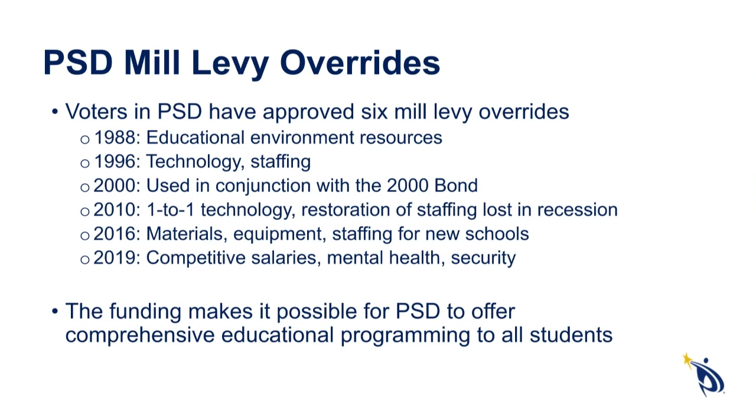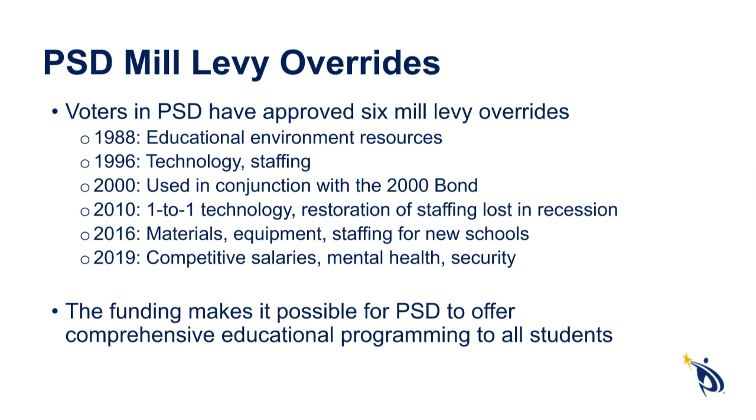We added enormous square footage. We added new feeder patterns. This took more staff to actually pull off. We needed more people to service the outdoor because we have more acreage. So that override was really designed to go hand in hand with that 2016 bond so that we could actually staff the buildings that we were building and actually provide the support that they need.